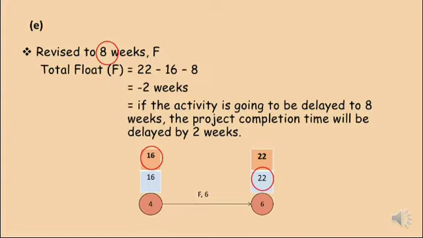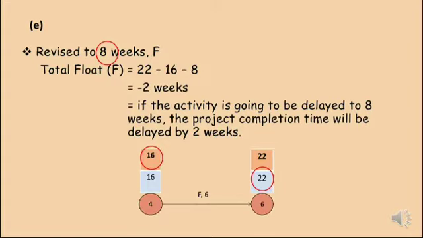the latest event time for event number 6, which is 22, minus the earliest event time, which is 16 for event number 4, and the duration is 8 weeks because the activity will be revised to 8 weeks.